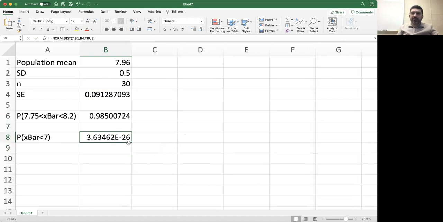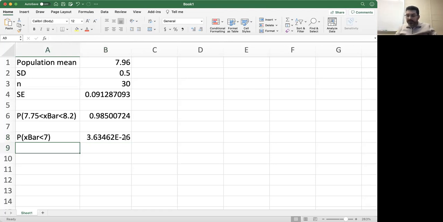That means after the decimal point, you have 26 zeros. Of course, it's a tiny number, close to 0. It's 0. So in this case, this is the answer.